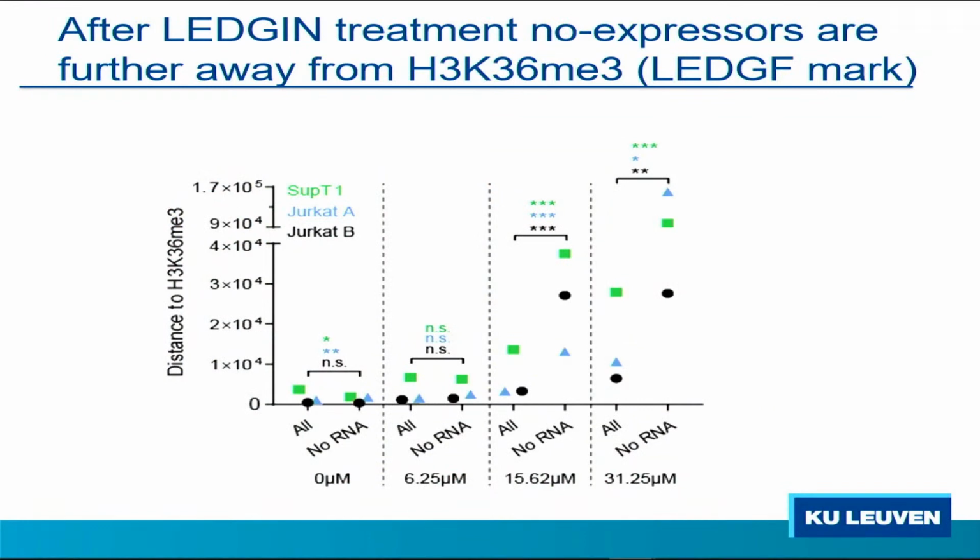And this is even a physical distance. But if we increase the concentration of ledgin, we see that there is a huge difference between the distance from the viruses that are active and the viruses that are not active. So again, showing that we shift the virus away from the specific mark, and these viruses become latent.